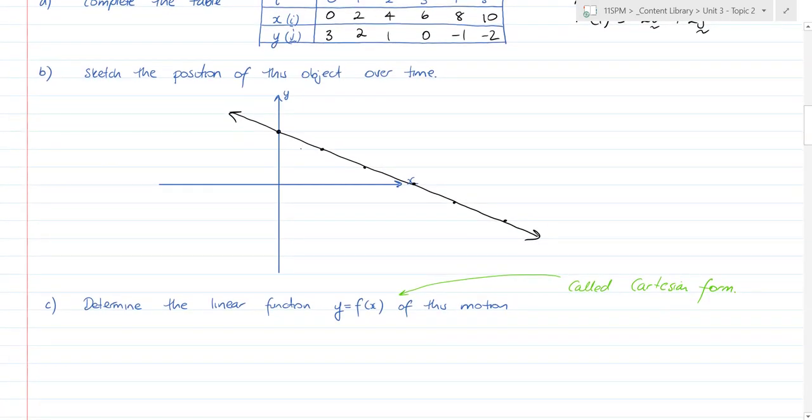Now I'd like to know if you can determine the linear function y equals f(x) of this function here. So that's y equals f(x). Can everybody determine what that function is? What is it? Just sub in some points.